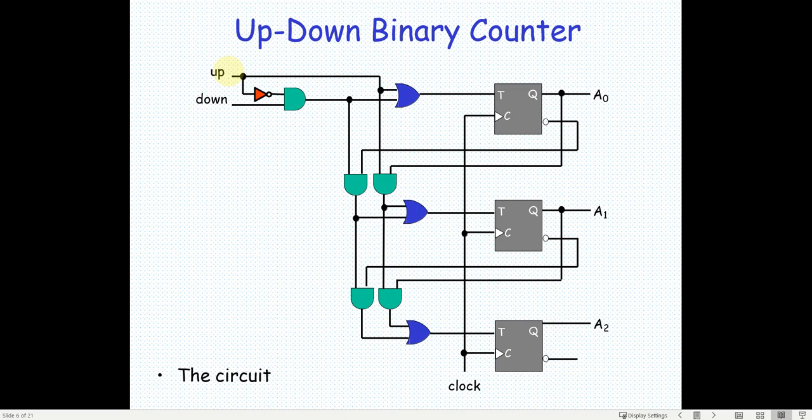If it is 1, it will count up. If it is 0, it will count down. So you can have that way also. Is it clear to all of you? Can somebody say yes or no, so that I know I am on live? Okay. So this is a simple method of implementing up down counter.